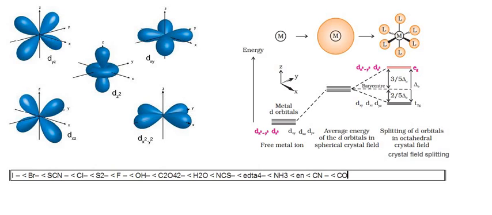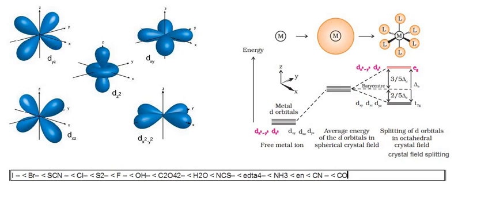Which of these possibilities occurs depends on the relative magnitude of the crystal field splitting delta O and the pairing energy P. P represents the energy required for electron pairing in a single orbital.